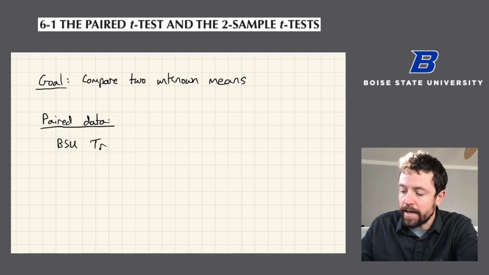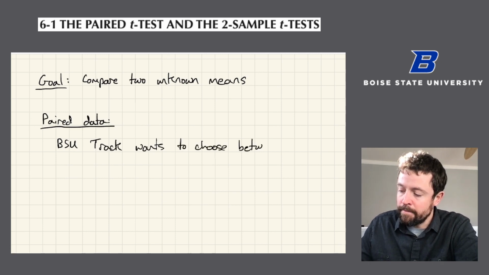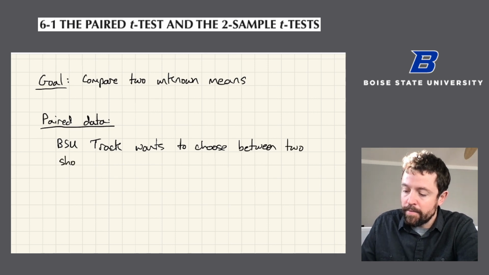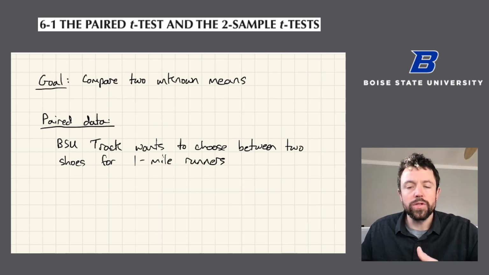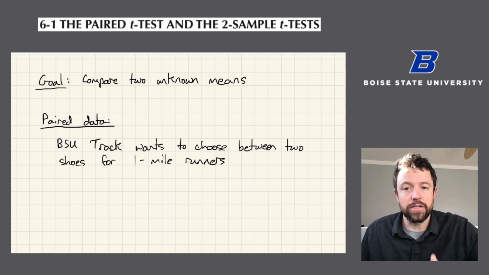BSU track wants to choose between 2 shoes for 1 mile runners. What they're going to try to figure out is which one has a faster average mile time.